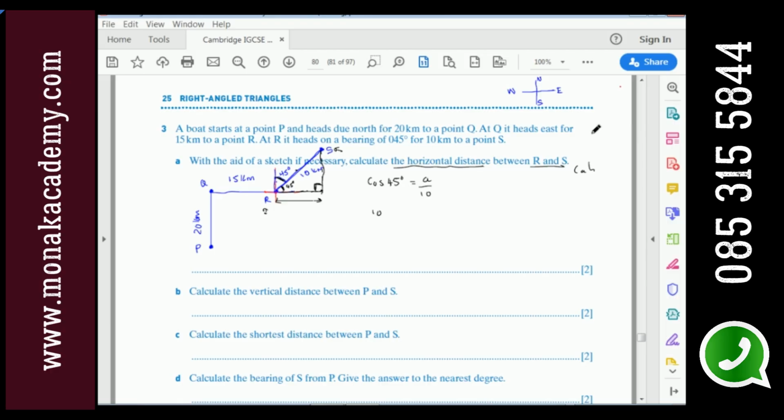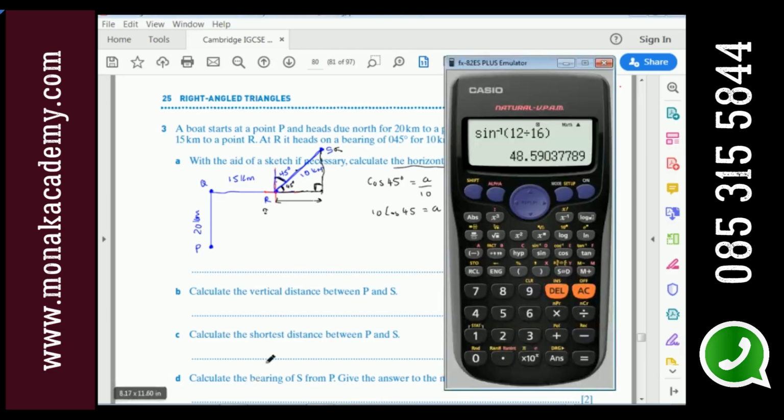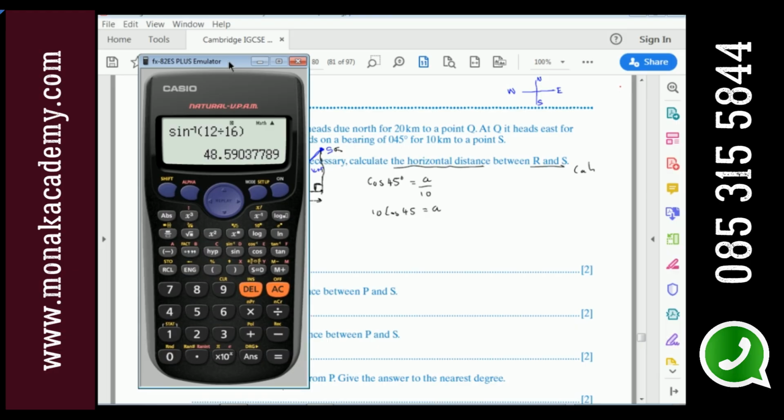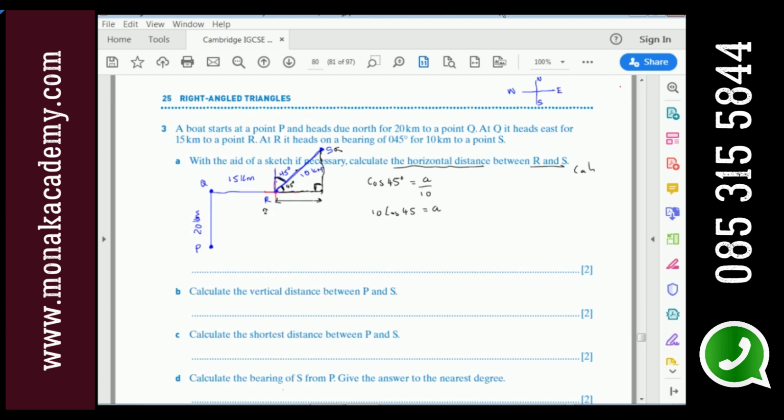So 10 cos 45 equals A. 7.07 kilometers. So the horizontal distance between R and S is 7.07, this one.